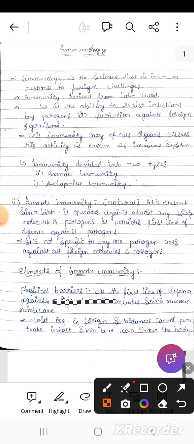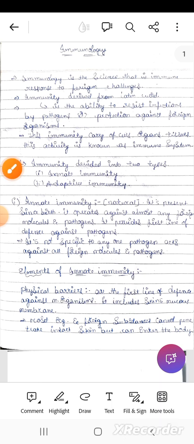It operates against almost any foreign molecules and pathogens. It provides the first line of defense against pathogens. It is not specific to any one pathogen and acts against all foreign molecules and pathogens.